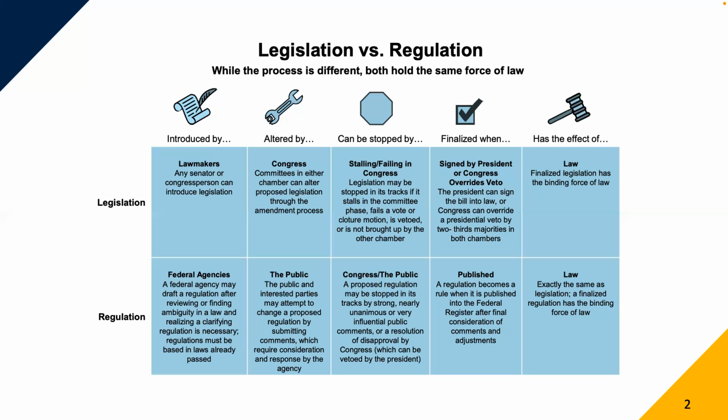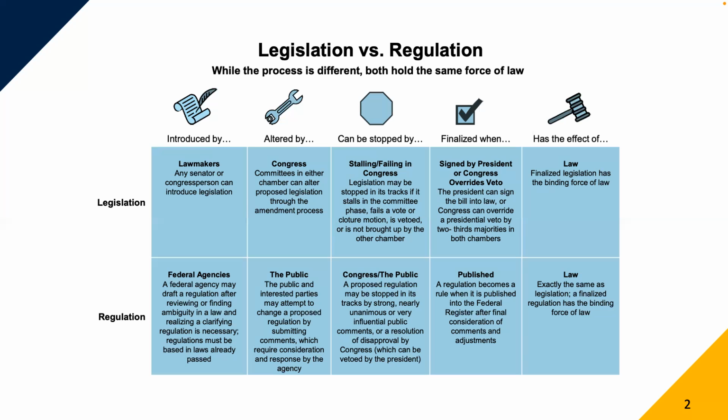And then once that's done, the public commenting period closes. The regulatory agencies are actually required to address all the comments. They don't have to necessarily change anything if they don't want to, but they take those comments into account and then publish a final rule.